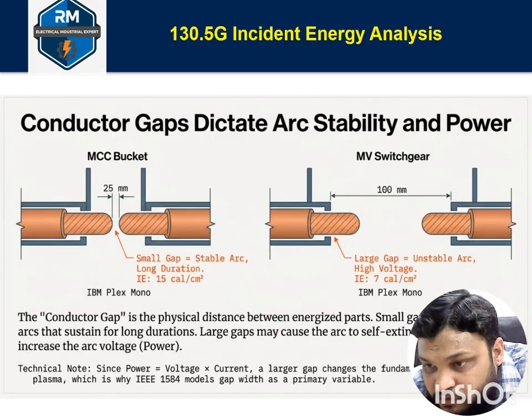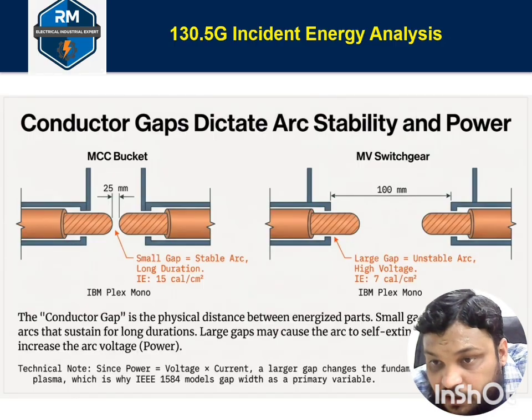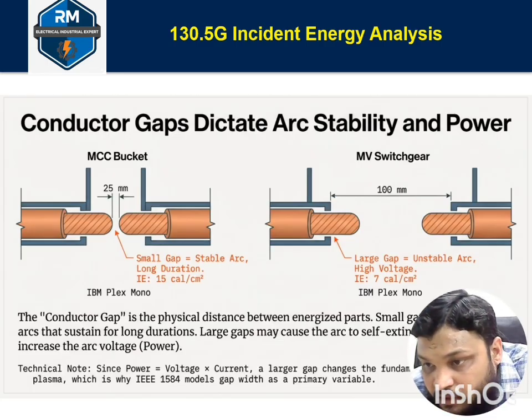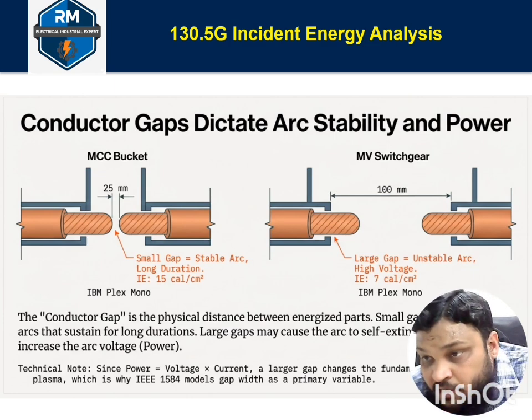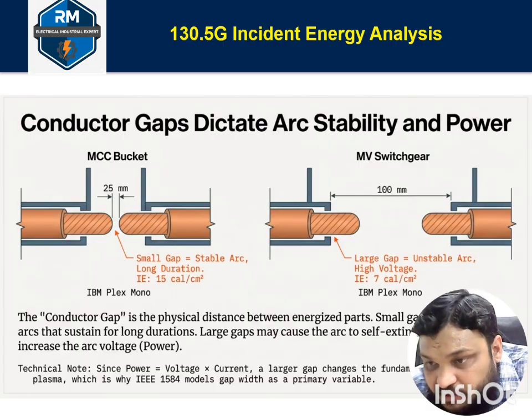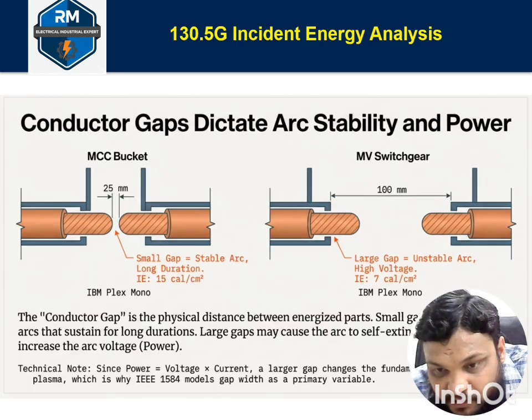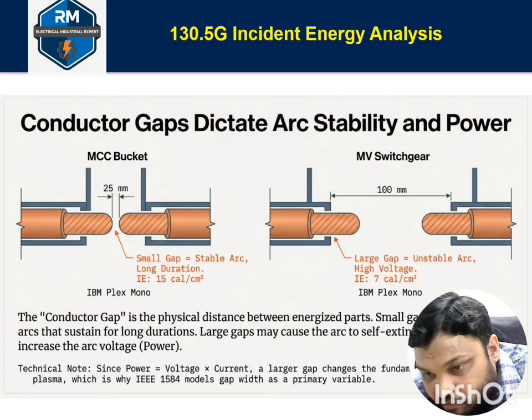With a larger distance between the electrodes or conductors, that is 100 millimeter, as in MV switchgear, the arc remains unstable because there is a large gap, so the arc cannot restrike or persist. At 100 millimeters of gap, the incident energy is about 7 calories per centimeter square, quite lower than at 25 millimeter. So it is a very important parameter, and that's why the IEEE 1584 model uses gap as a primary variable.